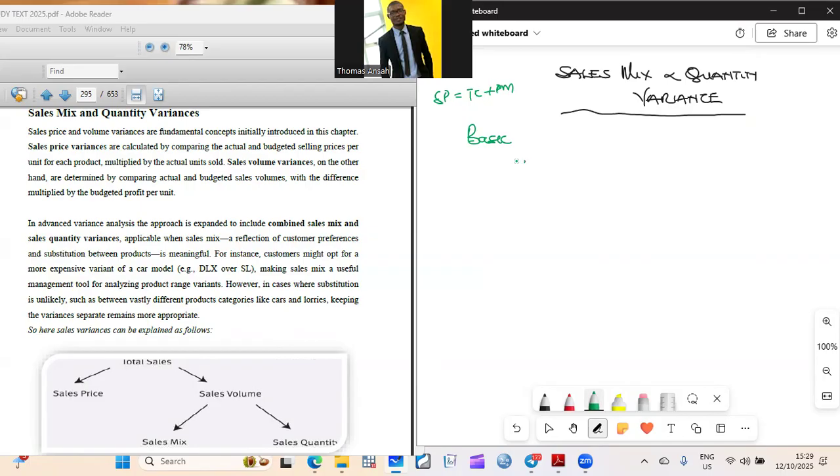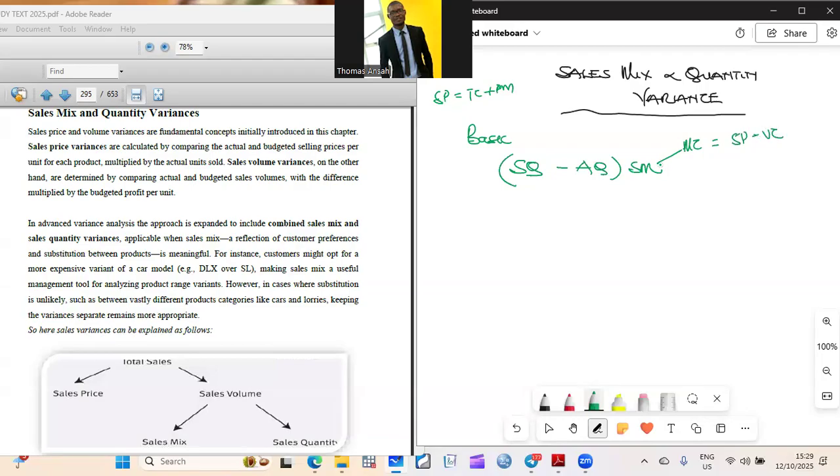It is standard quantity minus actual quantity, but I want you to call this one standard margin. If we are using marginal costing, the standard margin will be sales minus variable cost, not contribution.